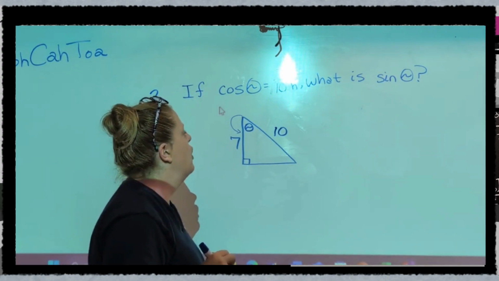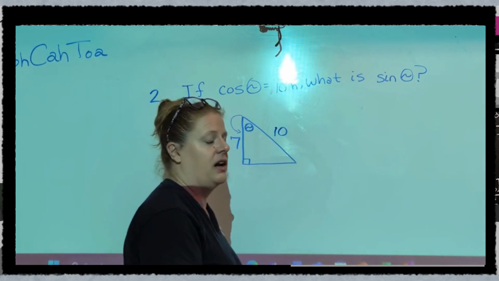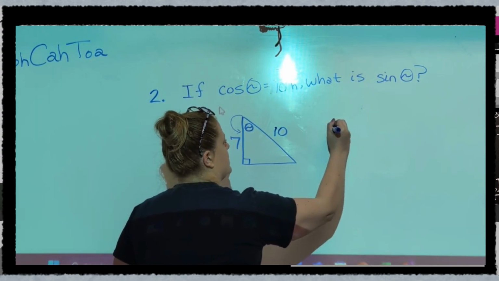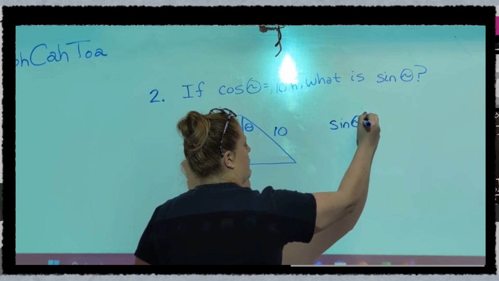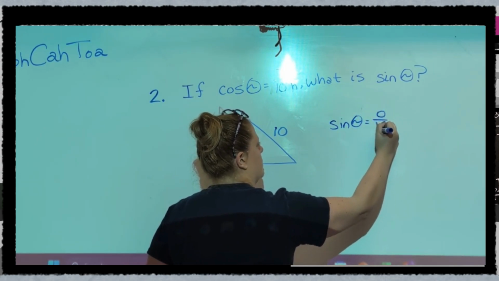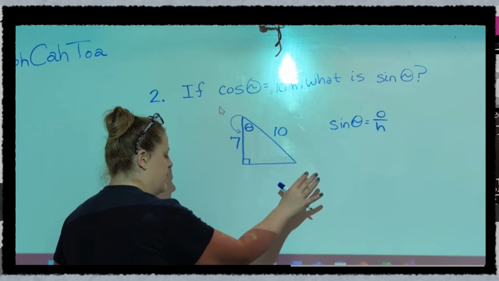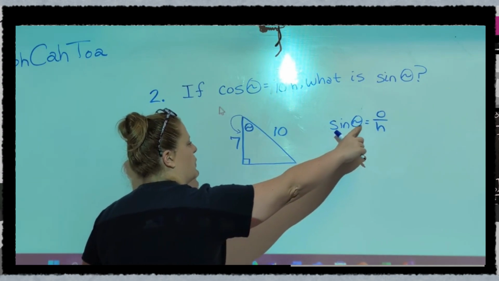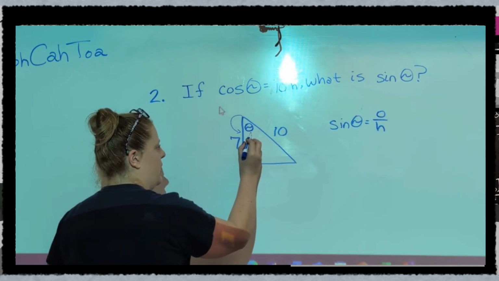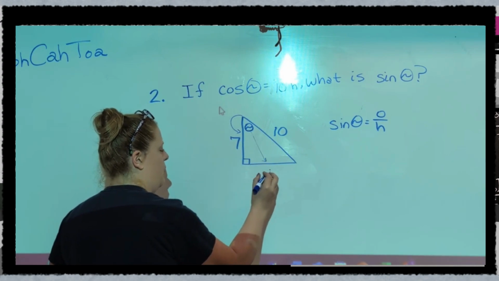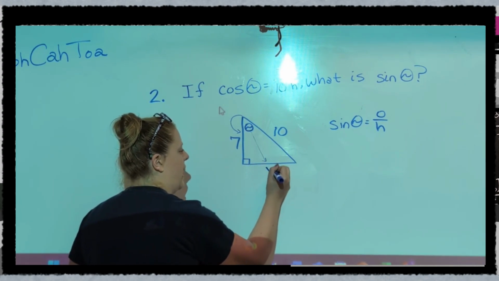Now they're asking, what is the sine of theta? Well, sine is opposite over hypotenuse, remember SohCahToa. So what they are asking us for is what is opposite of theta. We don't know what this is. I'm going to call it x.